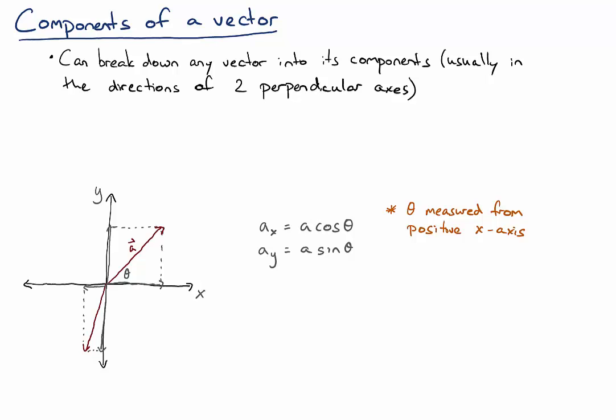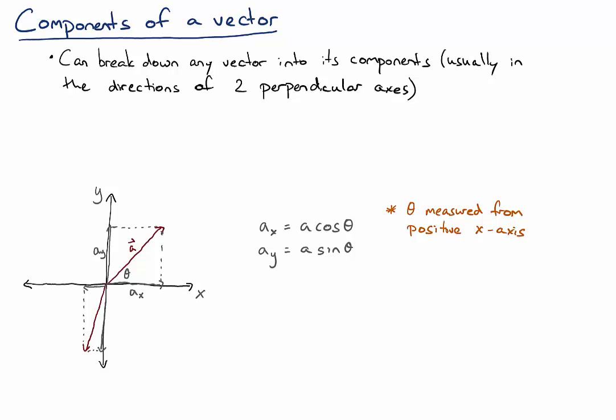Just for completeness, we can work out the magnitude of that vector A in terms of its components, and we use Pythagoras' theorem for that. Oh, and I really should have noted here that this is a y and this is an x. So using Pythagoras' theorem, we know that the size of the vector A is just the square root of ax squared plus ay squared.